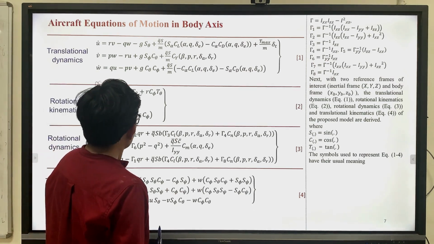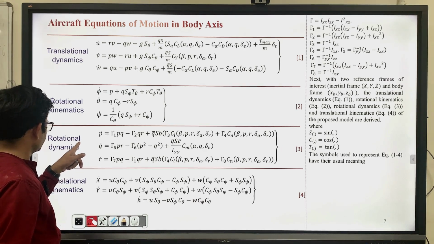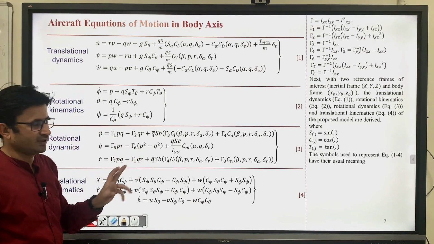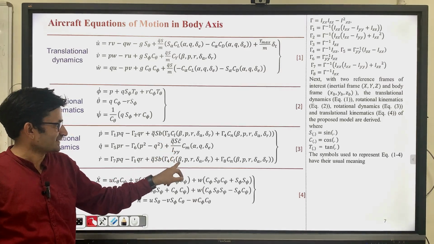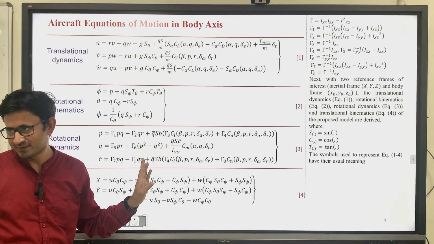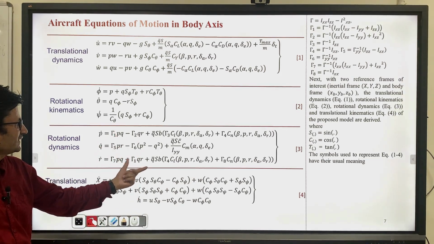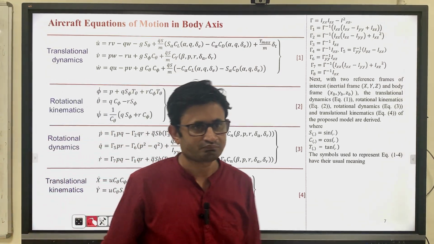And now we will go back to this rotational dynamics part, and we'll try to establish this relation, because three things are clear to you: this part, this part, this part, the aerodynamic moment part. But how this part is coming, and how this gamma is coming, that will become clear to you.